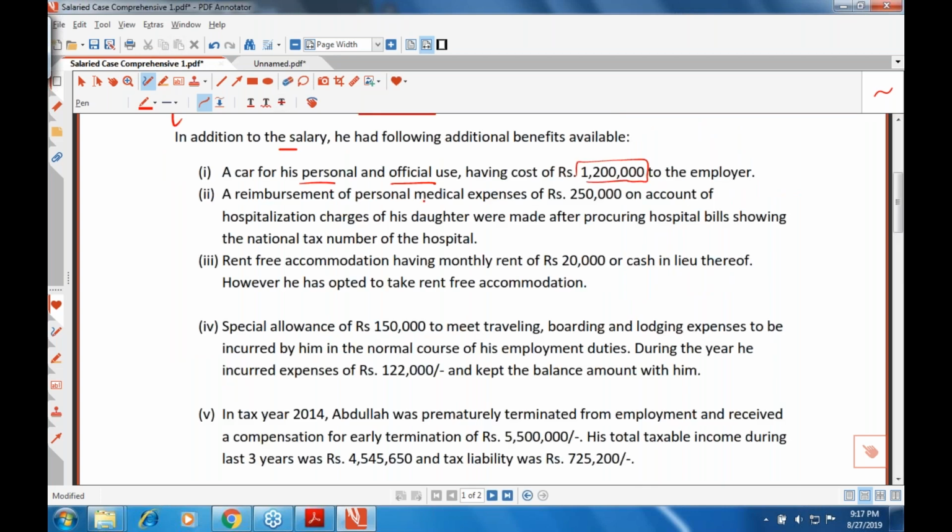He says a reimbursement of personal medical expenses of 250 on account of hospitalization charges of his daughter was made after procuring hospital bills showing the national tax number of the hospital. Now let's try to understand this. It is not mentioned in the question whether this was in accordance with the terms of employment or not.